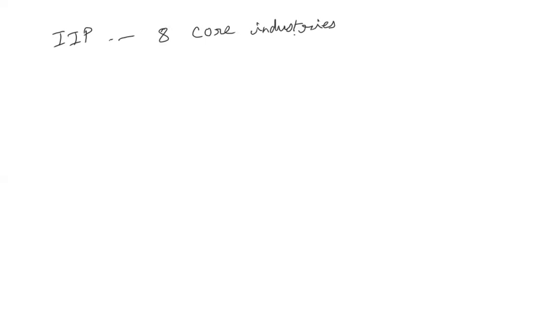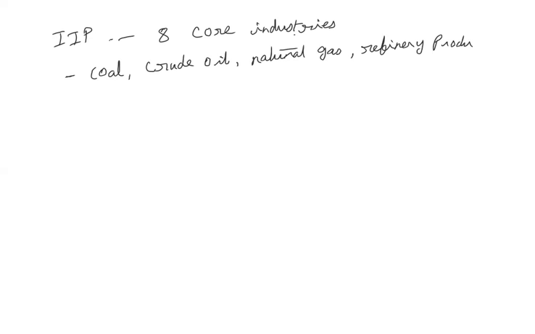What is the production rate of these 8 core industries? Under that, the first ones are coal, crude oil, natural gas, and refinery products. These comprise the mining industry. All these products are from the mining industry.